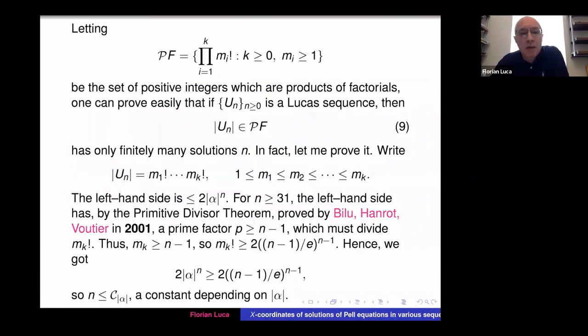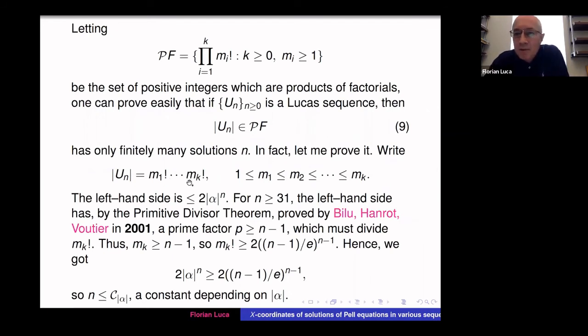But then what we were thinking about, well, what can we say about these values of these Lucas sequences which are factorials? If the Lucas sequence is known, for example, U sub n is known, being a product of factorials is easy.